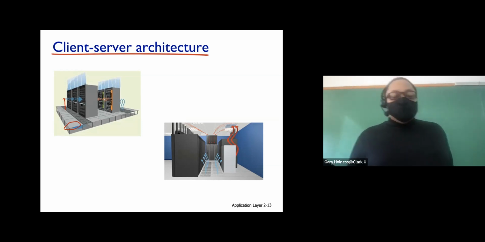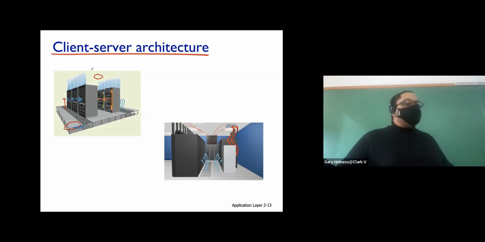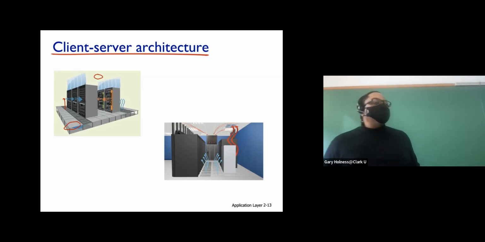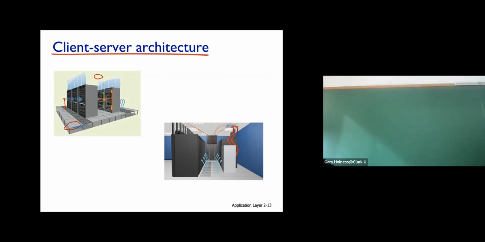Now, warm air rises, and so the good news is, because that warm air rises, you can put vents up top that suck in that warm air, send it through the chillers, and then waft it back underneath the raised floor. The reason that data centers are huge buildings, almost like warehouses, specifically designed for housing servers, is because you need a lot of specialized things in order to get this to work efficiently.